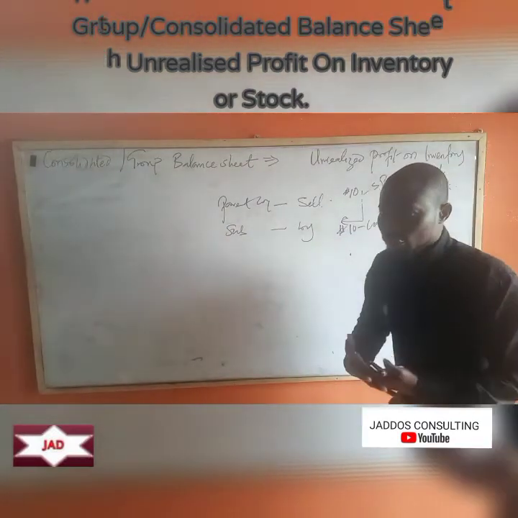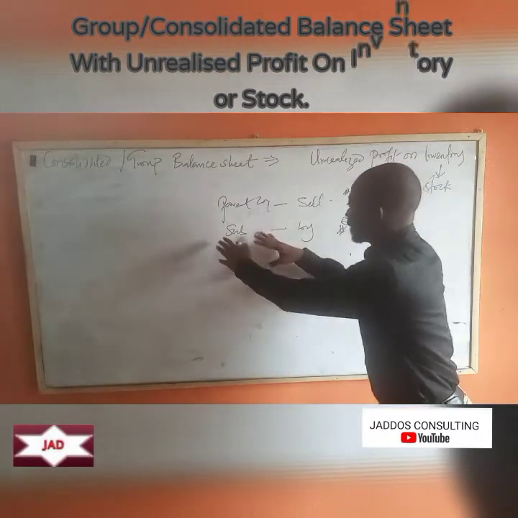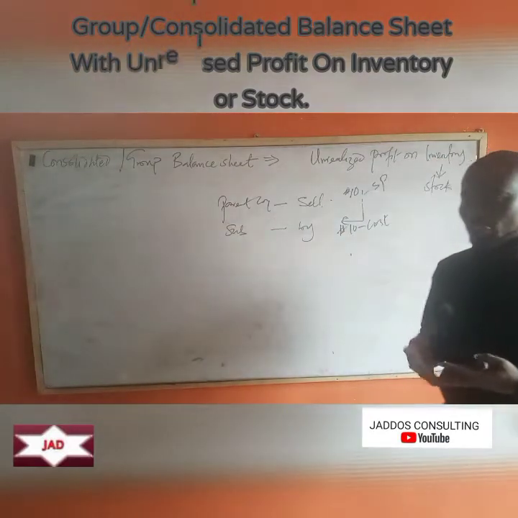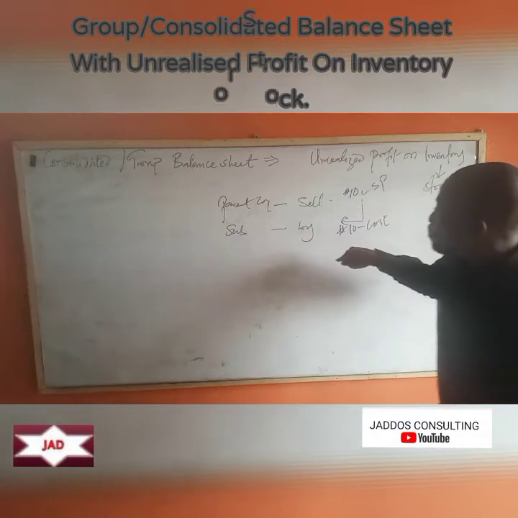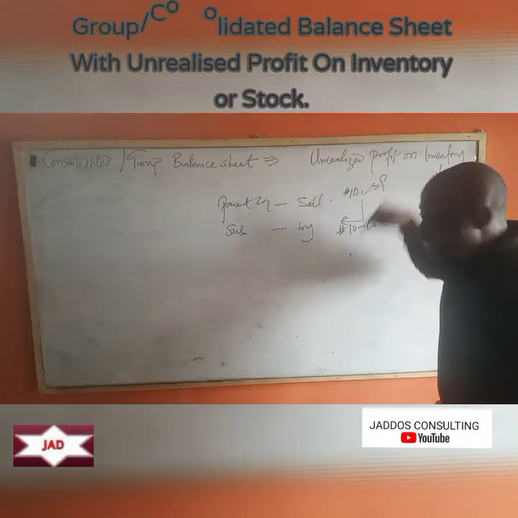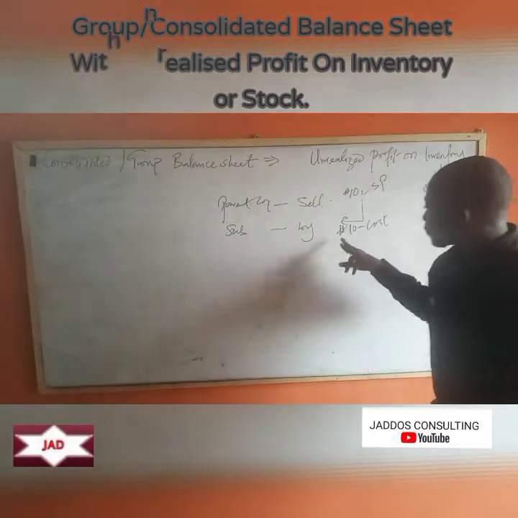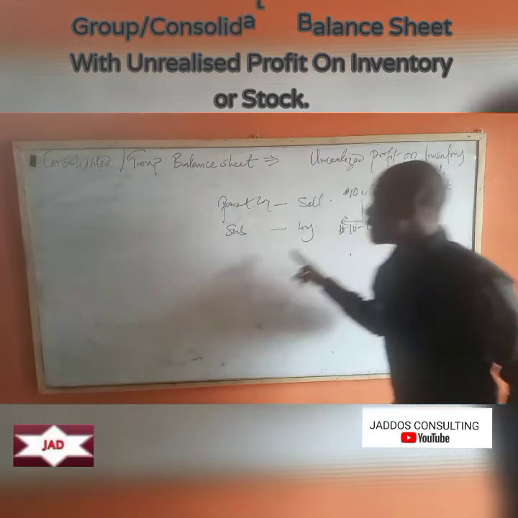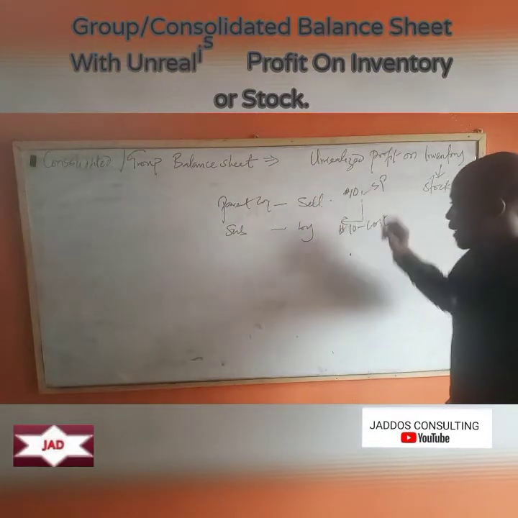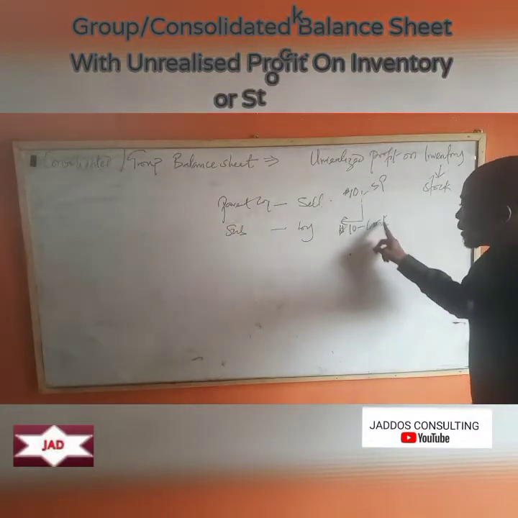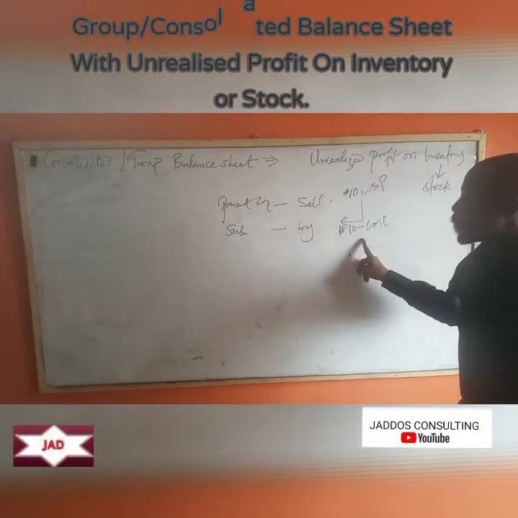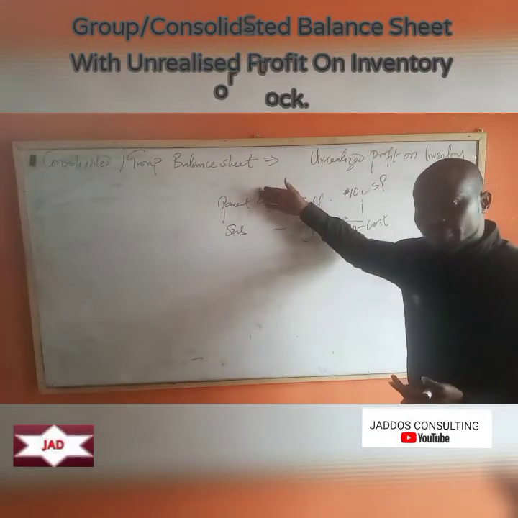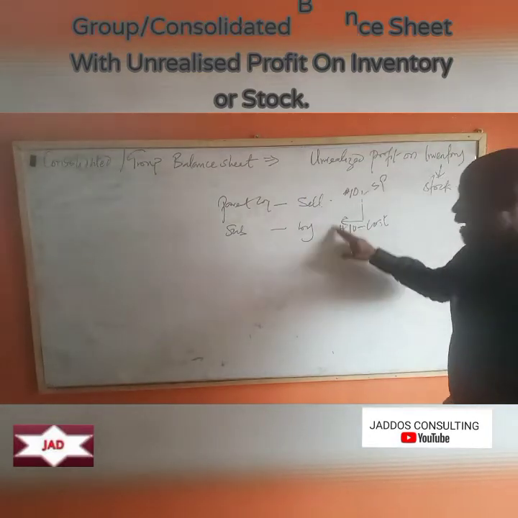But because of the consolidation, we are trying to make the subsidiary's balance sheet part of the parent company's balance sheet. So in that case, we cannot report the inventory value at this 10 naira, which is a cost to the subsidiary but a selling price to the parent company. The subsidiary is reporting this 10 naira as cost in the balance sheet, but now that you are infusing the balance sheet into that of the parent company, it can no longer be 10 naira cost.